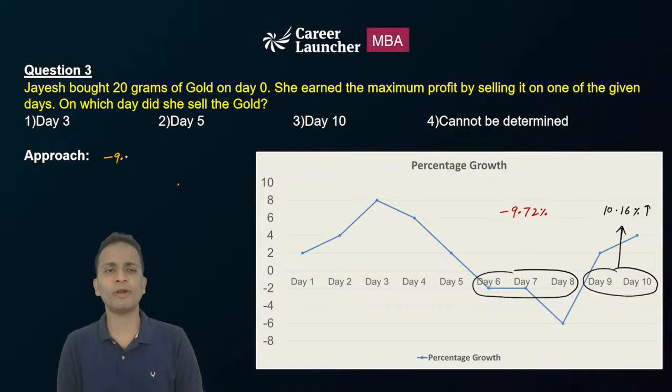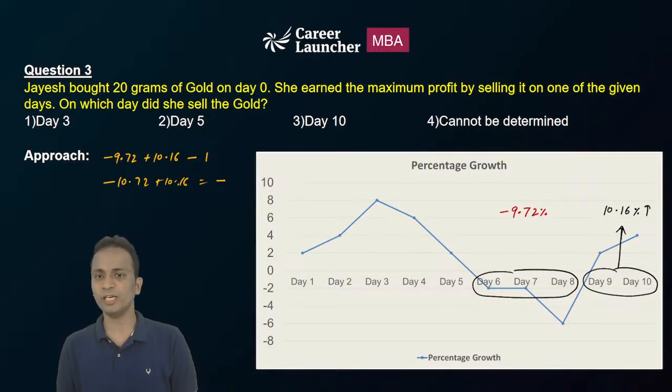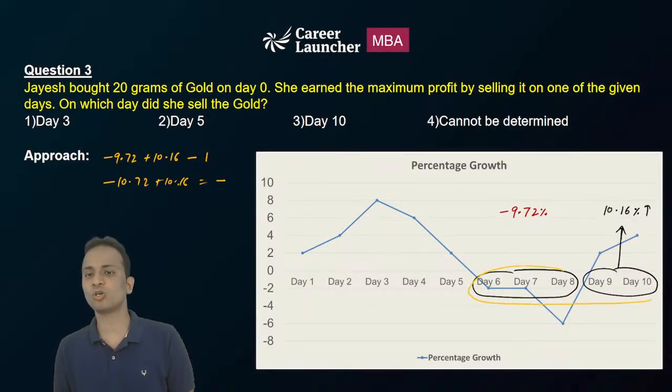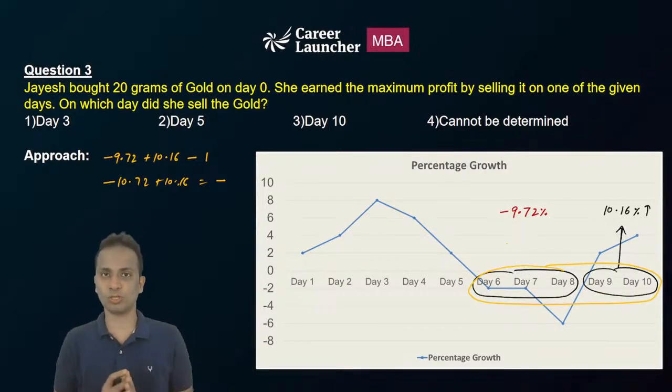So minus 9.72 plus 10.16, and then effectively I'll get minus the product of these two, 9 point something and 10 point something, effectively like approximately the product will be 100 divided by 100 will be 1. Okay, so minus 10.72 plus 10.16, and I will get a negative answer. Okay, so if I'll combine the growth on these 5 days, then effectively there will be a negative growth.